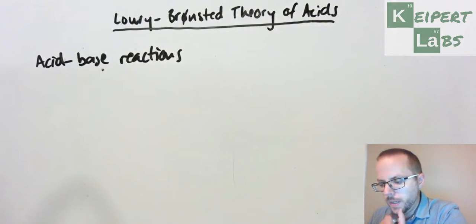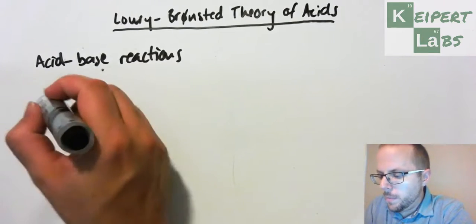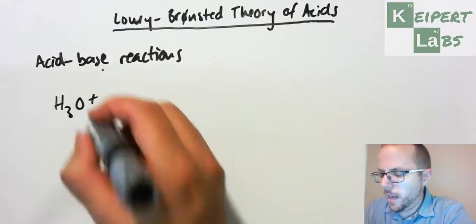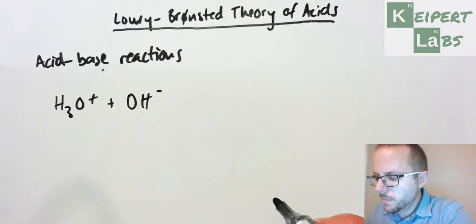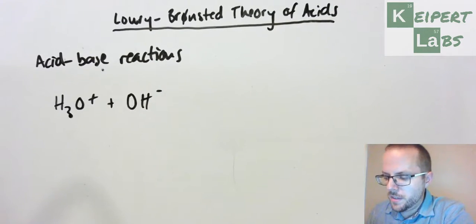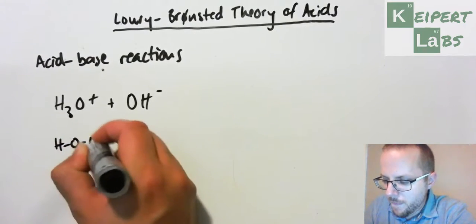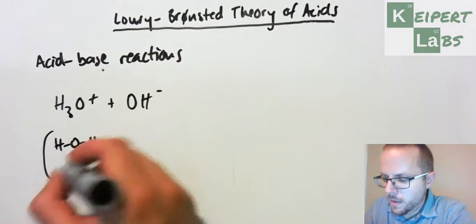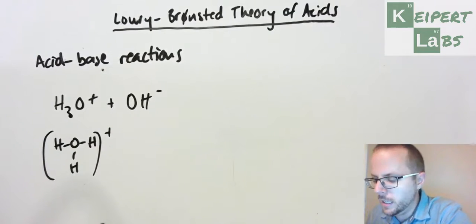Let's say that we've got a hydronium ion, which we met in one of our recent videos, and a hydroxide ion. This hydronium ion, remember, looks like this. It's got 3 hydrogens connected to this oxygen, and it's positively charged overall because we have 3 connections to this oxygen.